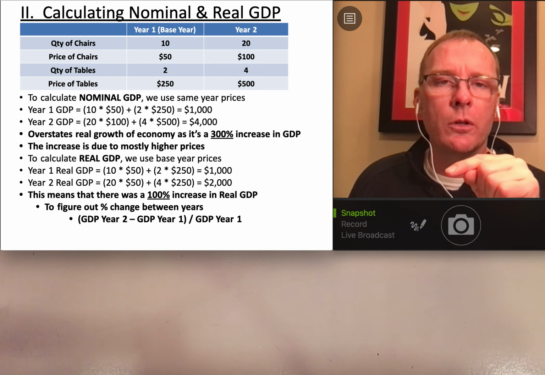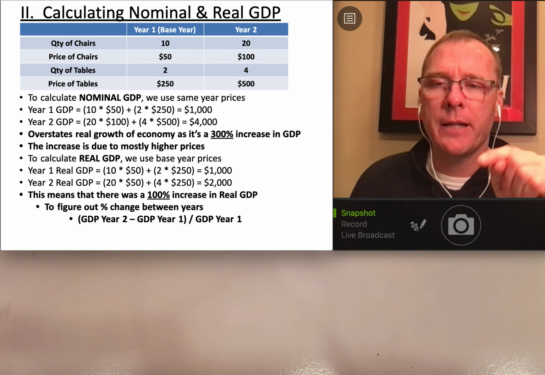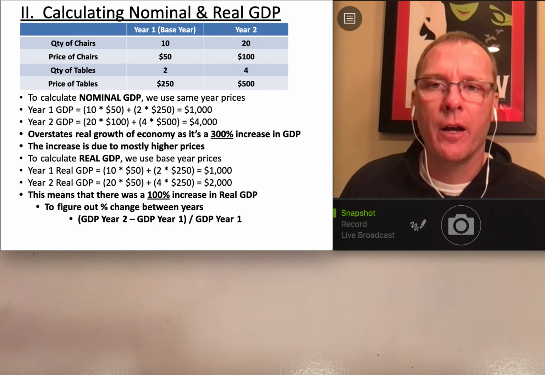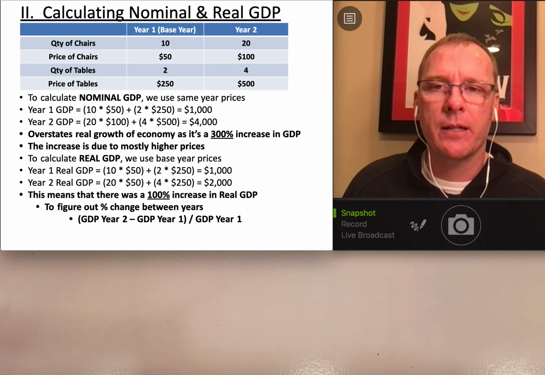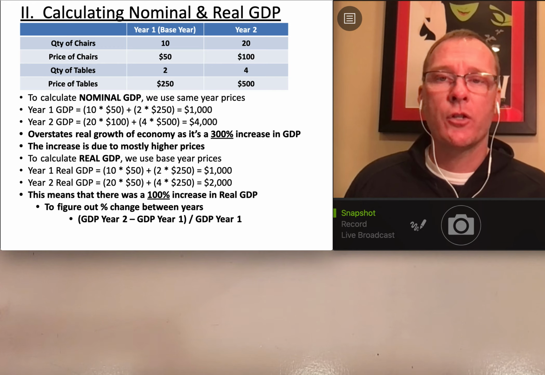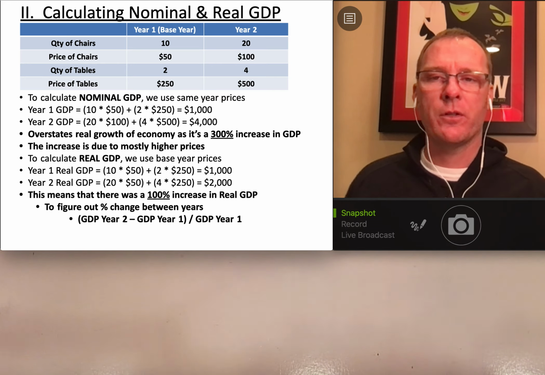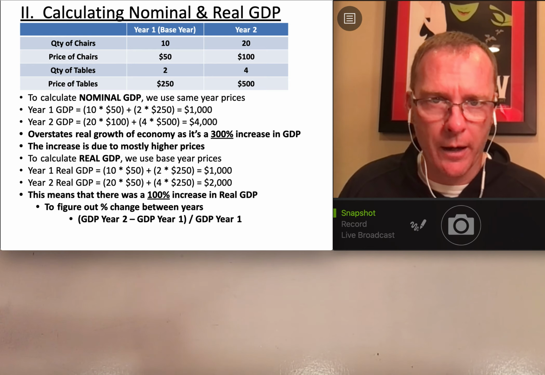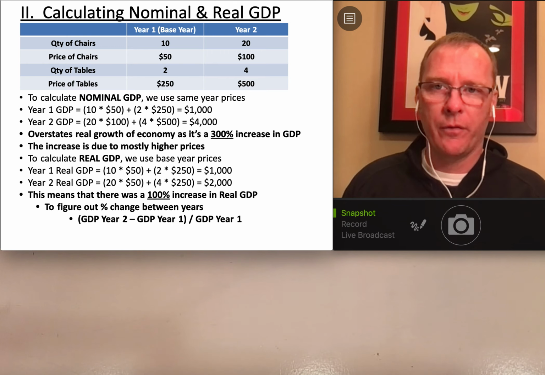Year two real GDP, I'm going to take those same quantities, but I'm going to multiply them by the base year prices. And what you're going to see is I went from $1,000 to $2,000. So when I went from 1,000 to 4,000, there was definitely some inflation in there. And now when I went from 1,000 to 2,000, you're going to see there is no inflation in there.